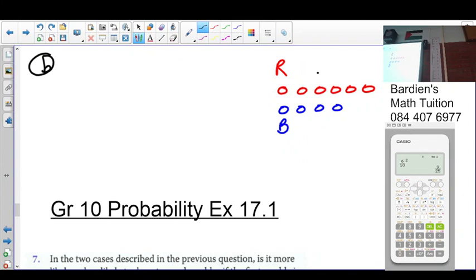Could be either red or blue. What's the probability on the red branch? 6 out of 10.